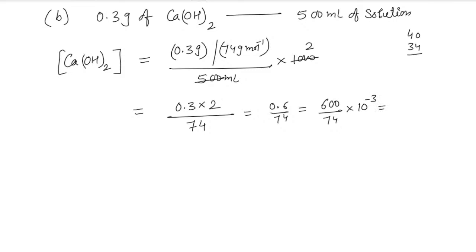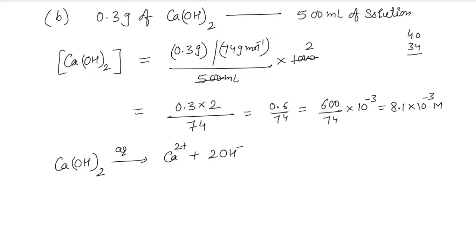So what is the value? 600 divided by 74 is around 8.1. So 8.1 into 10 raised to power minus 3 molar. Now, 1 mole of calcium hydroxide will give 2 moles of OH negative ion.